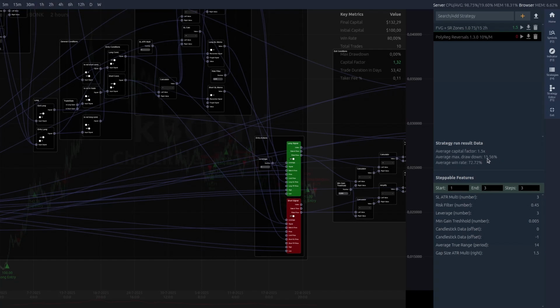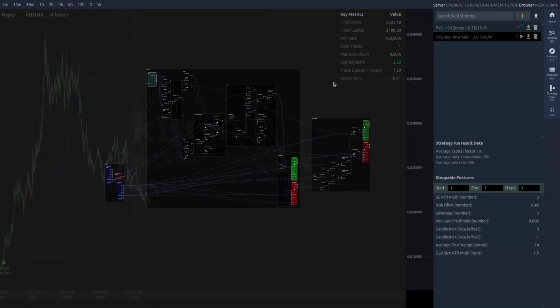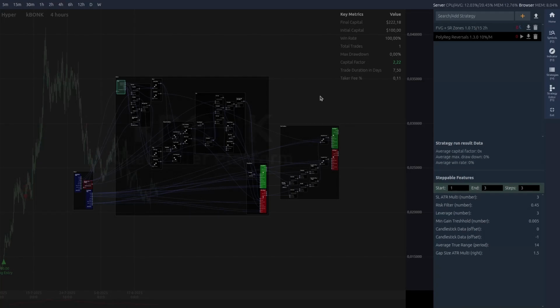You see 50% up and only 15% drawdown, more than 70% win rate. Let's check the 4-hour chart, leverage of 3. On Hyperliquid you can only have integer leverages. You cannot have 2.5 or something.